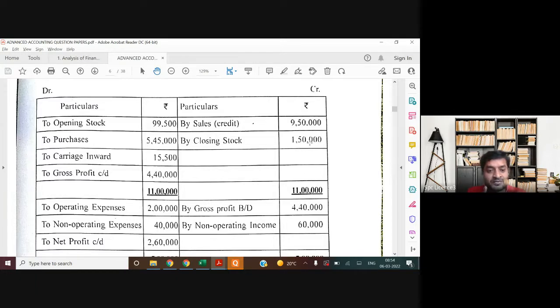If I ask you to comment on the sales policy of the company, you can, after knowing the significance of this ratio. If I ask how is the liquidity quality of stock, liquidity quality means the ability of getting converted into cash. You can comment on it after knowing the significance of this ratio.